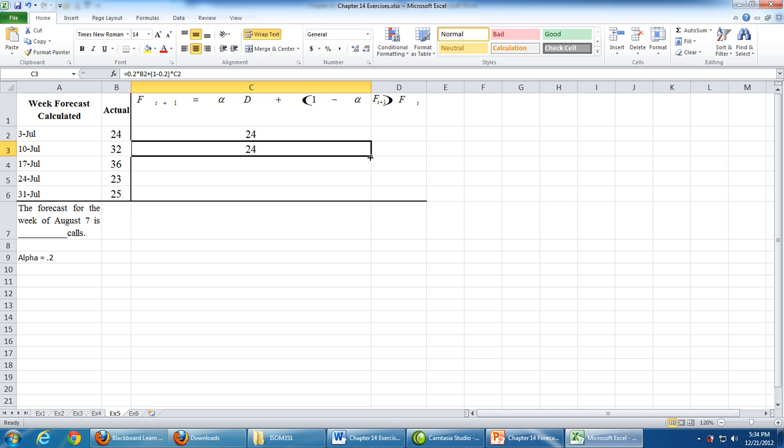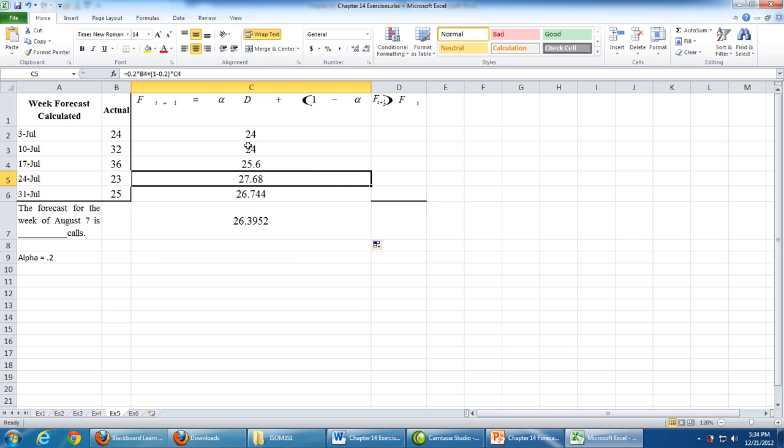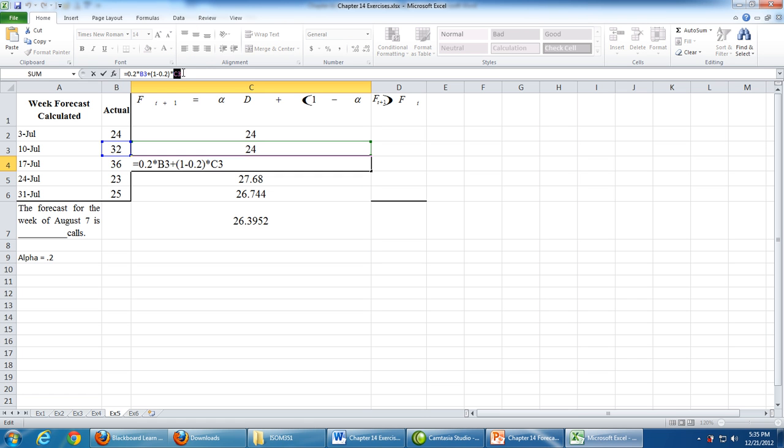If we set up correctly, you should be able to find that. You can see that the forecast always grabs the last period information.